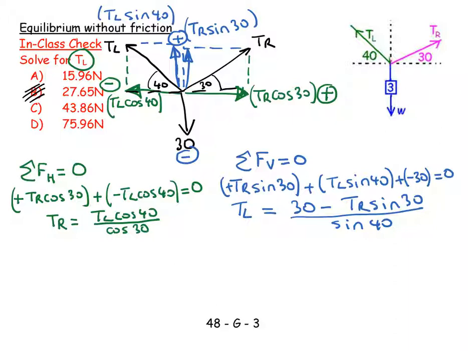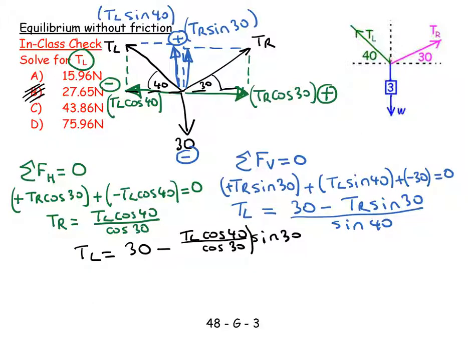As a final step, I can say t left is equal to 30 minus, rather than t right, I can say t left cosine 40 over cosine 30 times sine 30.